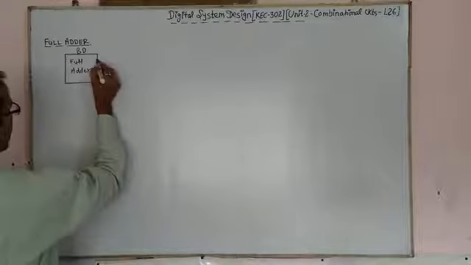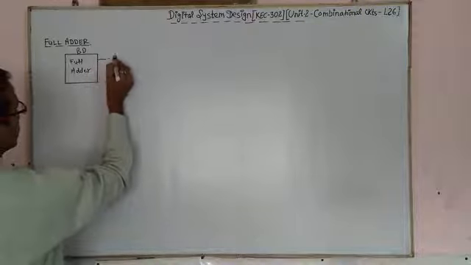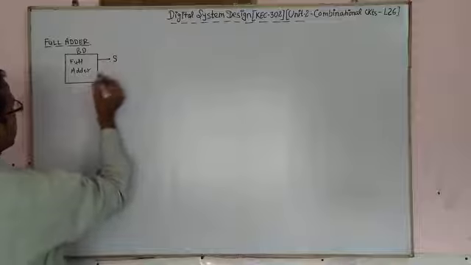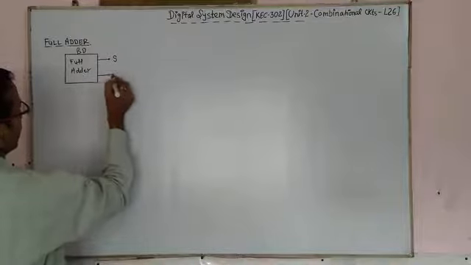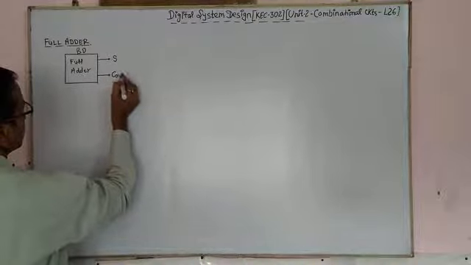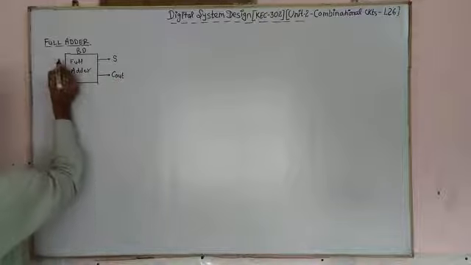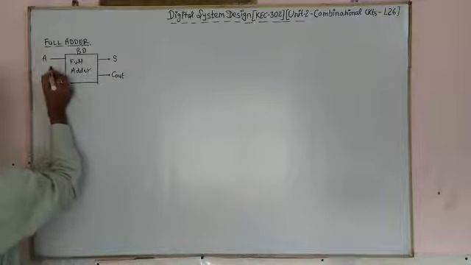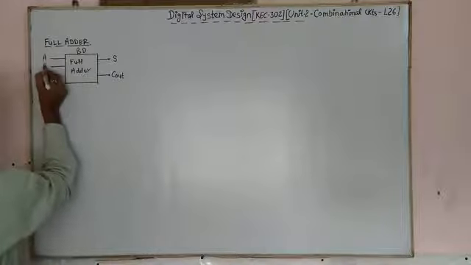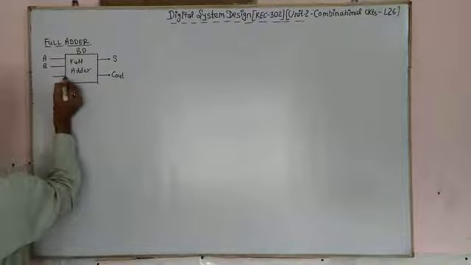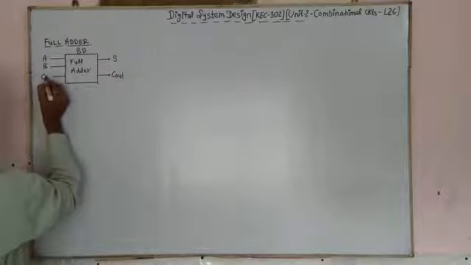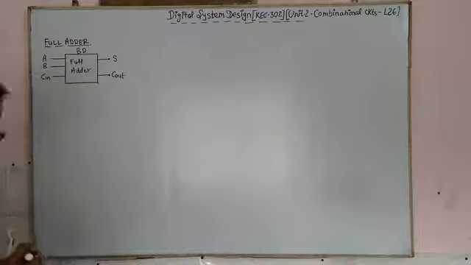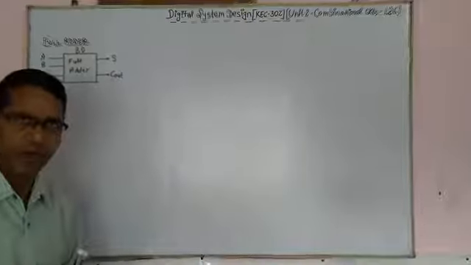We will get at the output sum and also carry out, and at the input we will take 2 bits A and B. Also we will add carry, that is C in. Okay, input carry. So this is the block diagram of full adder.